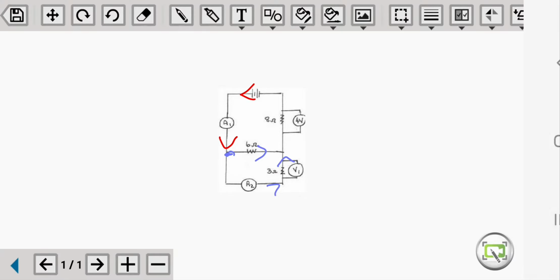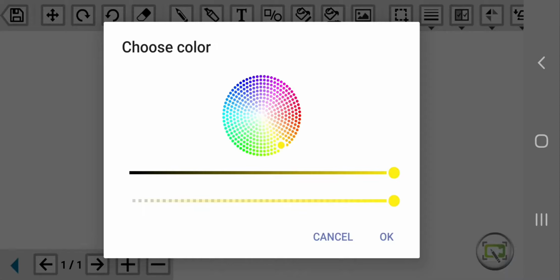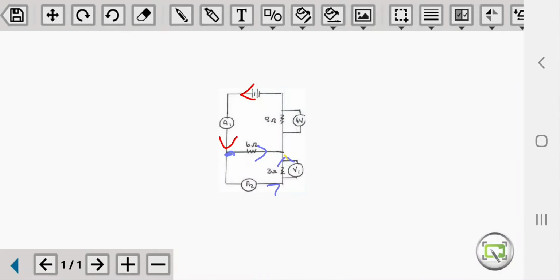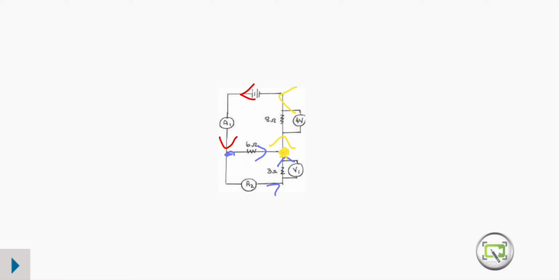And then right here at this little yellowish part, the circuit's current comes together again and it goes back to series where it moves through the 8 ohm resistor. So this circuit contains both resistors in series as well as in parallel.